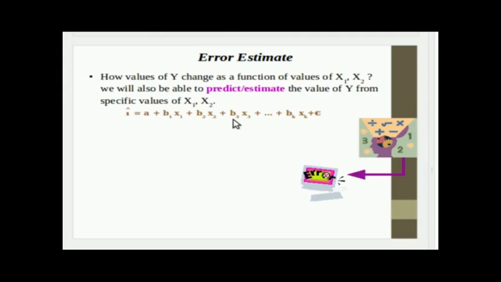This epsilon is an error or residual term. So this is the equation for a multiple variable linear equation. While in a simple linear equation, the b2, b3 and bkxk variables are not present, but the error or residual term epsilon is present.